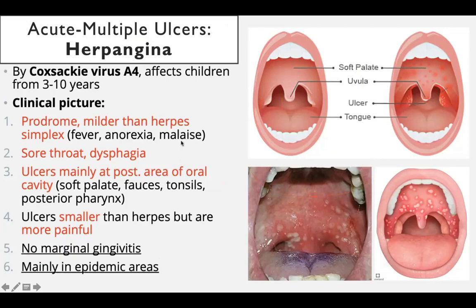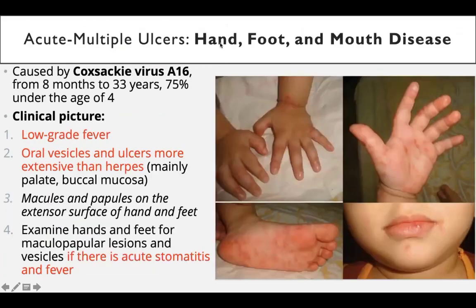Okay, this is how you try to diagnose and distinguish. The third one, hand, foot, and mouth disease, also by Coxsackie virus type A16. From 8 months to 33 years, it can happen. 75% under the age of 4, found in the children, thank God. Easy to remember.